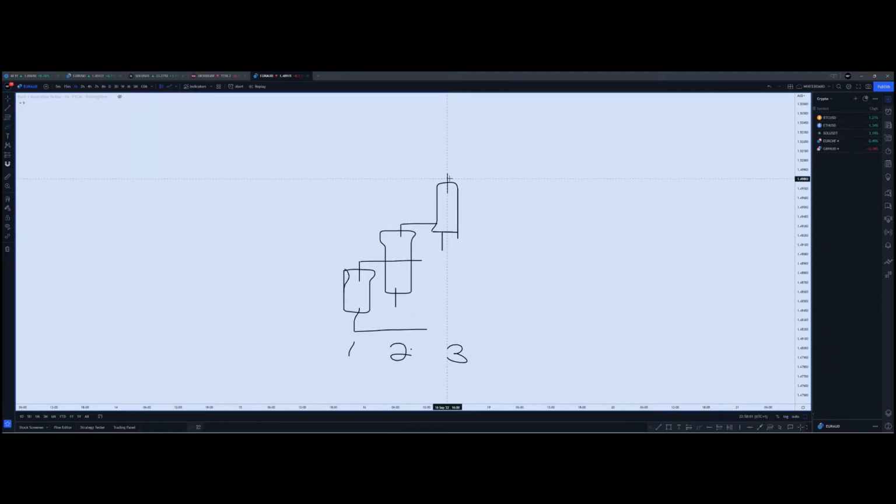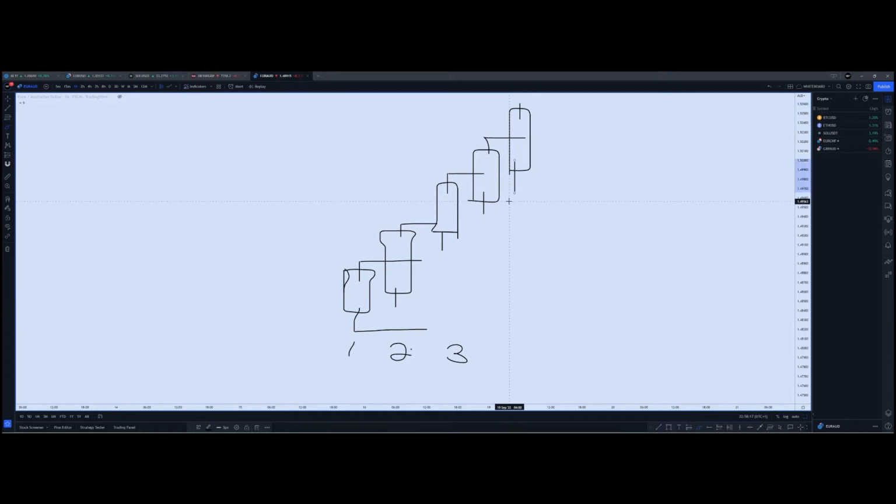So the daily is what I basically use to confirm a continuation to the upside. So as long as the daily keeps closing higher, I want to anticipate a continuation to the upside.